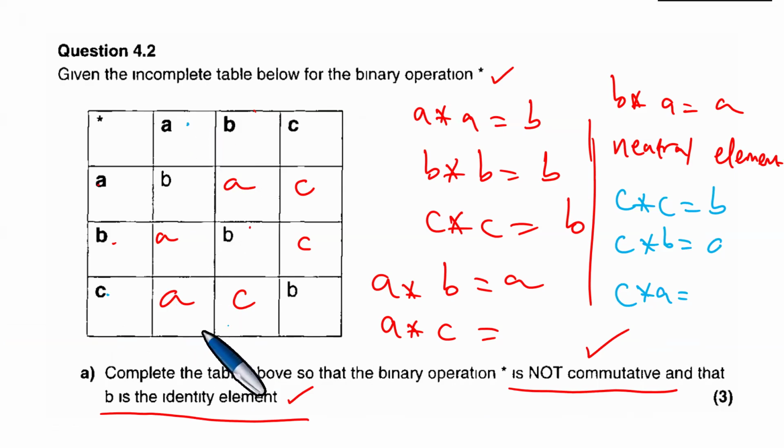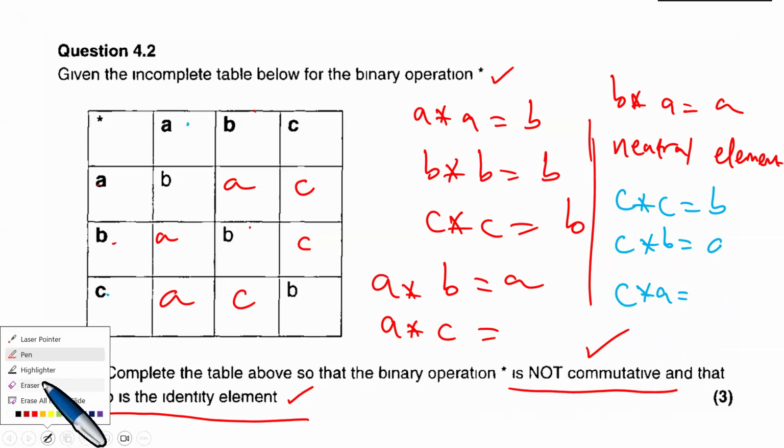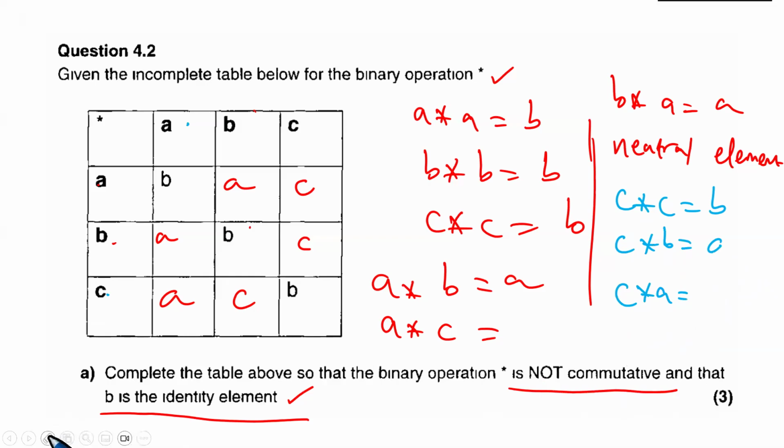Because now if you know that C star C is B, C star B is C, it means that you can play around here and put a couple of things you want. For instance, in the place of C, what can you put? You can put C, which is exactly the same as C star B. What is C?